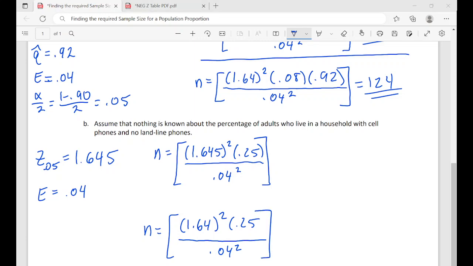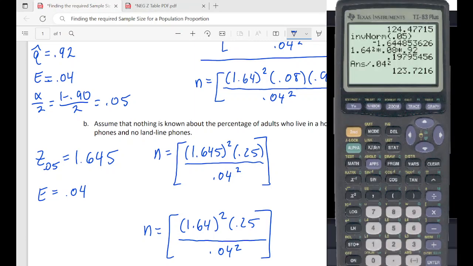So what's going to happen here? Again, there will be slight differences, not really big, but just enough that you need to be mindful of it. So 1.645 squared times 0.25 divided by 0.04 squared, and we get 422.8, which will round up to 423.